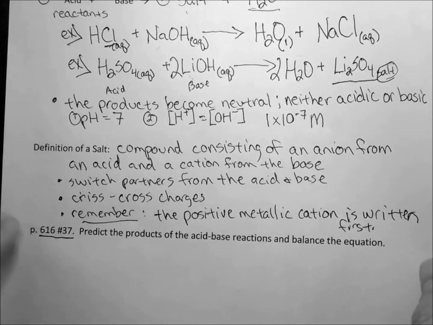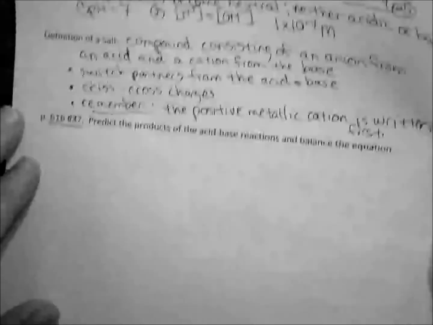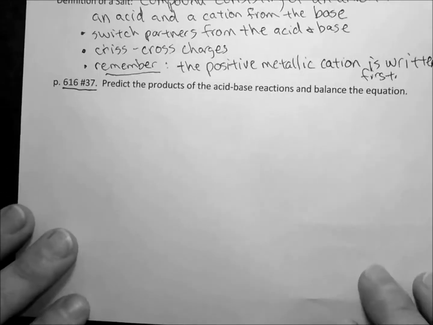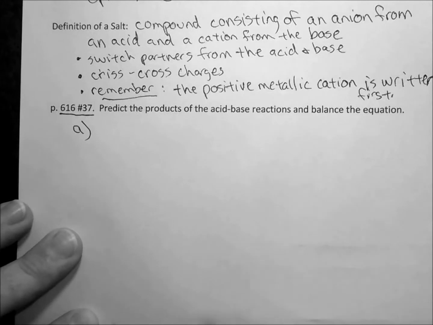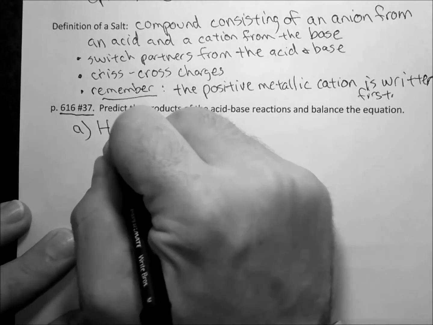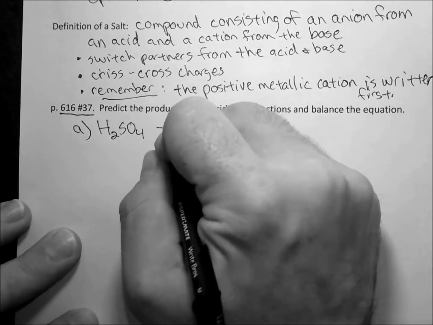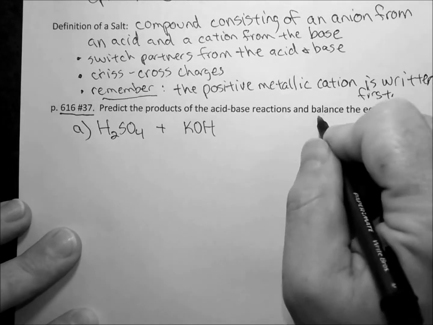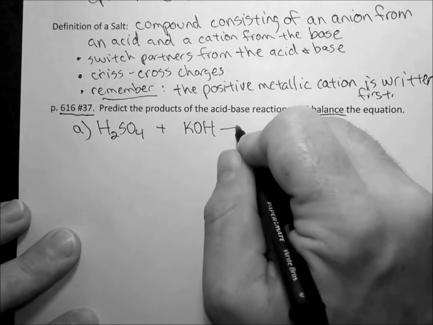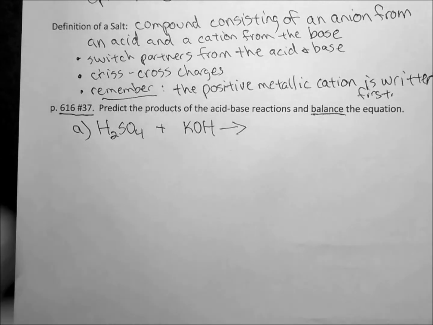This is from the orange textbook, page 616, number 37. I will just write it out for you. You don't have to open your books. So the first one is H2SO4 plus KOH. Make sure you balance these equations when we're done.